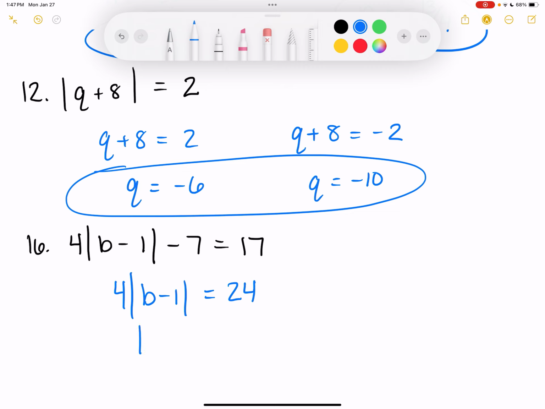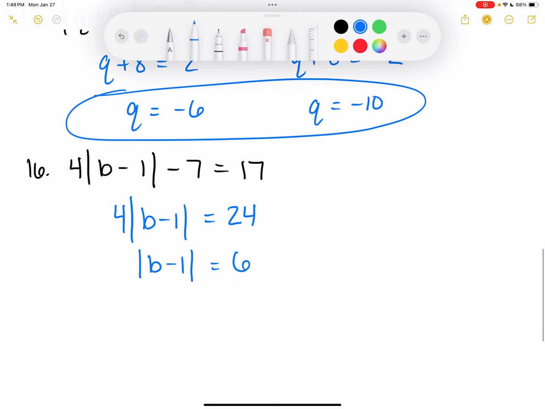So the absolute value of b minus 1 equals 6. At this point, this looks like the previous problems, so I can split it up. Copy it down exactly without the absolute value bars: b minus 1 equals 6, or b minus 1 equals negative 6.